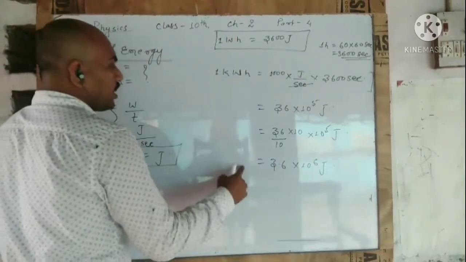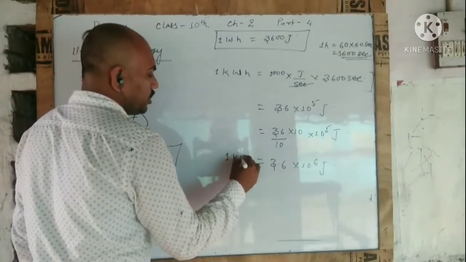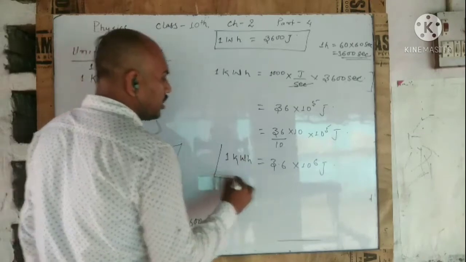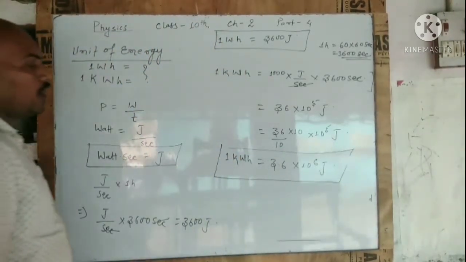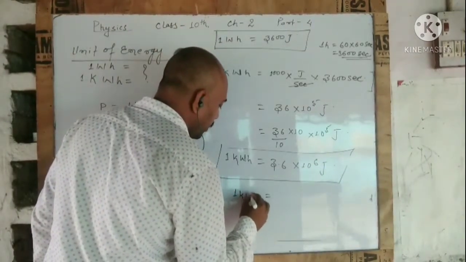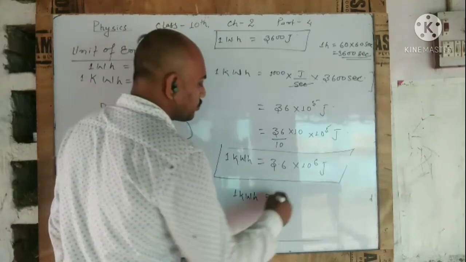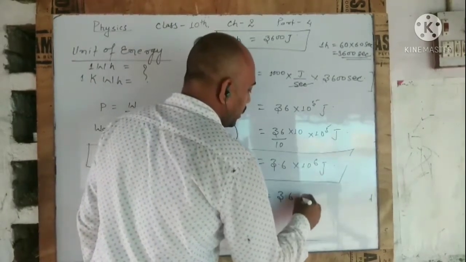Means 1 kilowatt hour is equal to 3.6 into 10 to the power 6 joule. Or you may also write it as 3.6 megajoule.